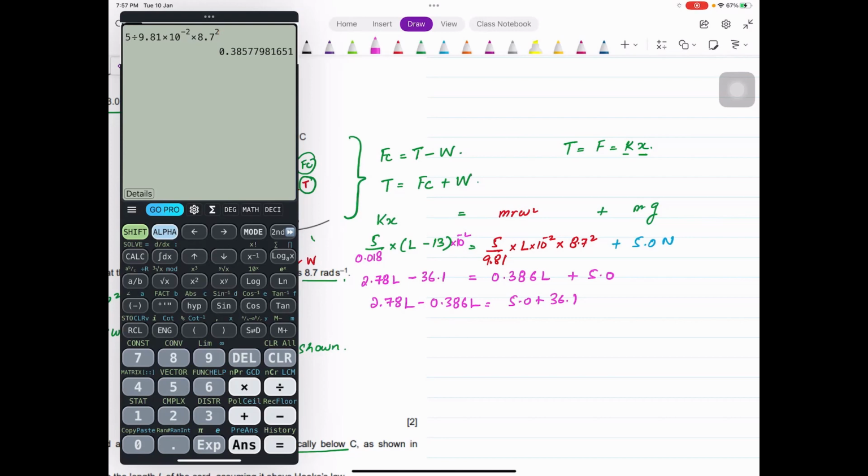So this is going to be 2.78 minus 0.386 equals 5 plus 36.1. Where is 0.386 in the calculator? 5 into 9.81, right? Times 10 raised to minus. 2.78 minus 0.386. That's what I'm saying.